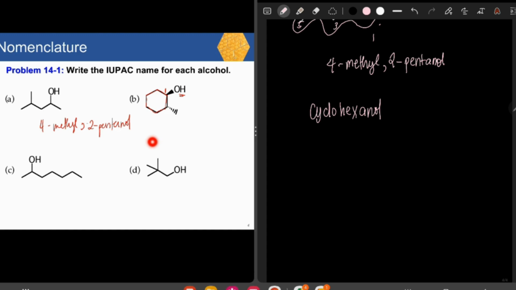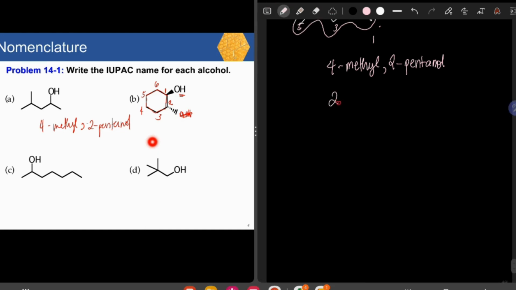Whichever gives the lowest number to your other substituent, this methyl. This one carbon will be 1, 2, 3, 4, 5, and 6. So this will be 2-methyl-1-cyclohexanol. The numbering should be written because it is in the middle of the text, but when it's at the start, you may not write 1. Okay? Next, letter C.